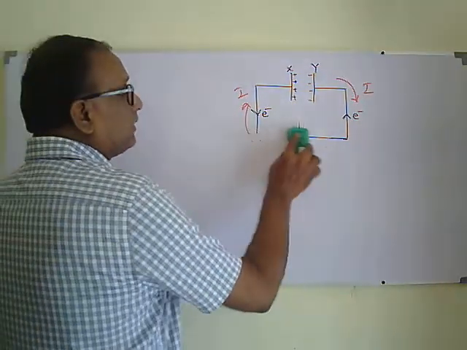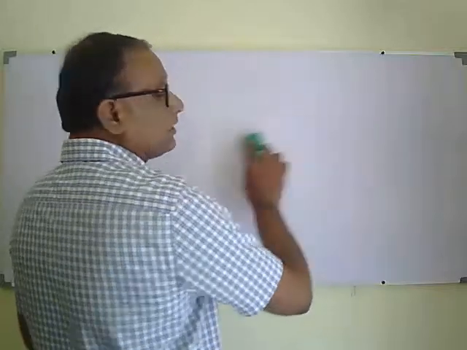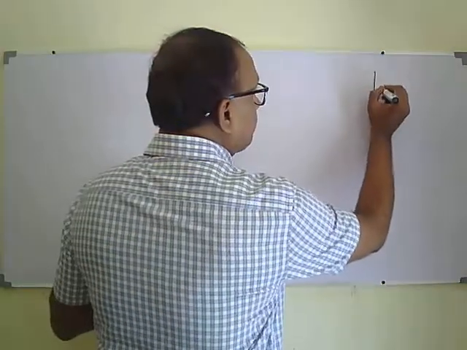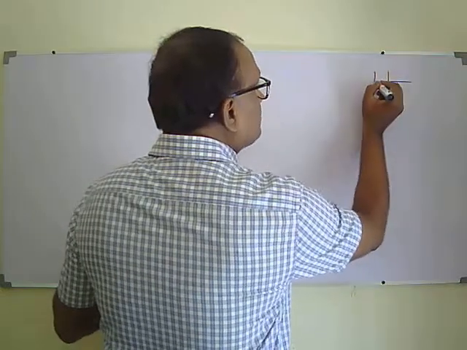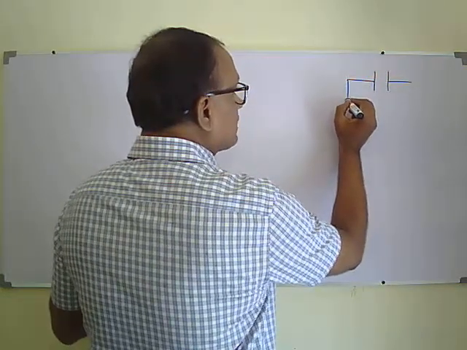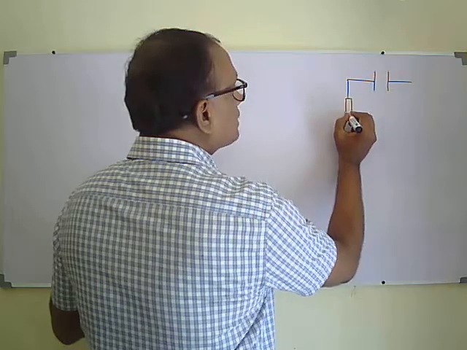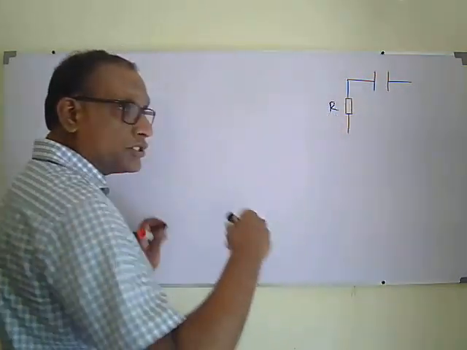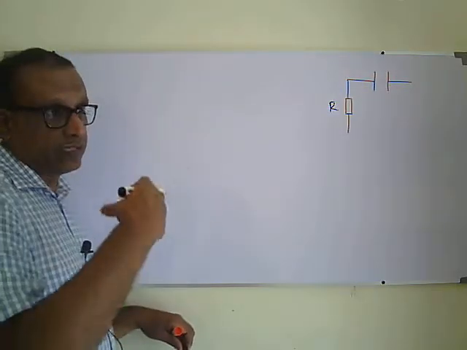Okay, I can draw a circuit during the charging process. This is the capacitor, and this is the total resistance of the circuit. What do I mean by total resistance of the circuit? It means the resistance that includes all the resistive parts of the circuit.